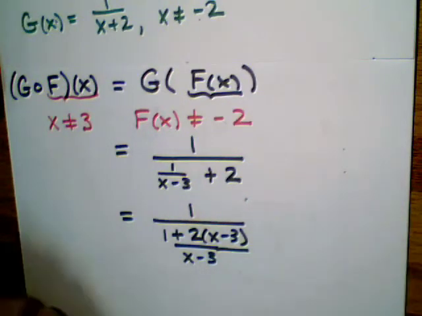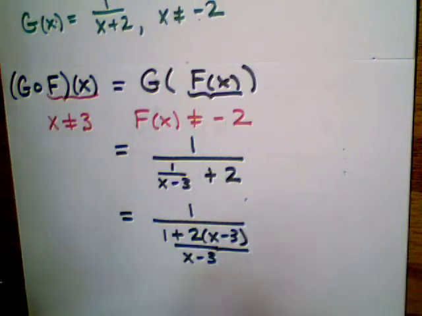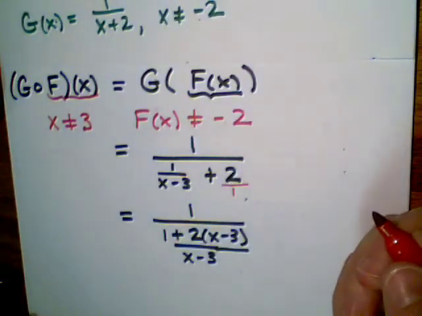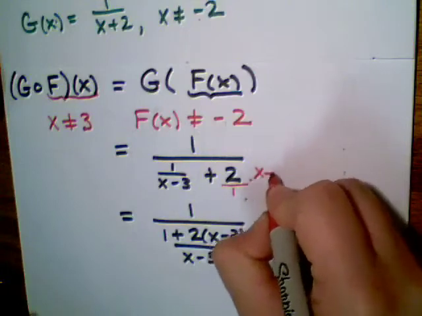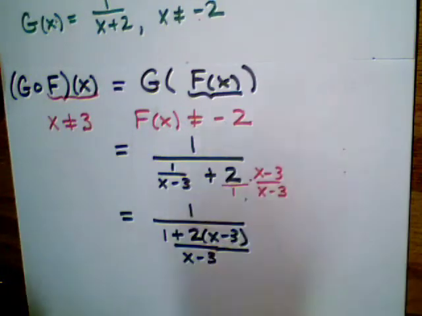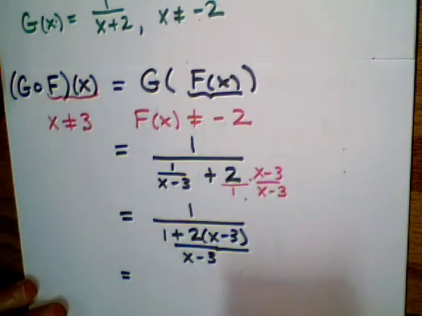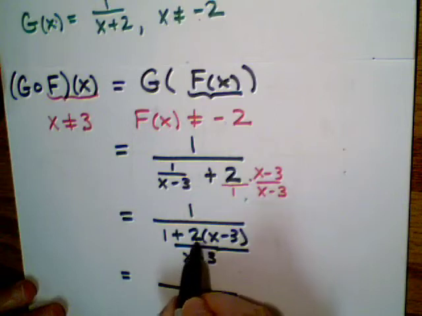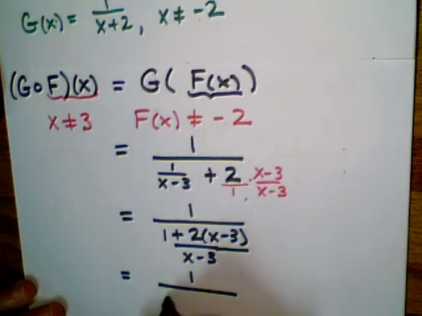You may want to record some extra steps here. You might want to record how one thinks about this integer as 2 over 1, and then multiplies the top and the bottom by x minus 3 to rename. Okay. Well, if we distribute the 2, we get 2x minus 6. So we'll end up with 1 plus 2x minus 6 all over x minus 3.